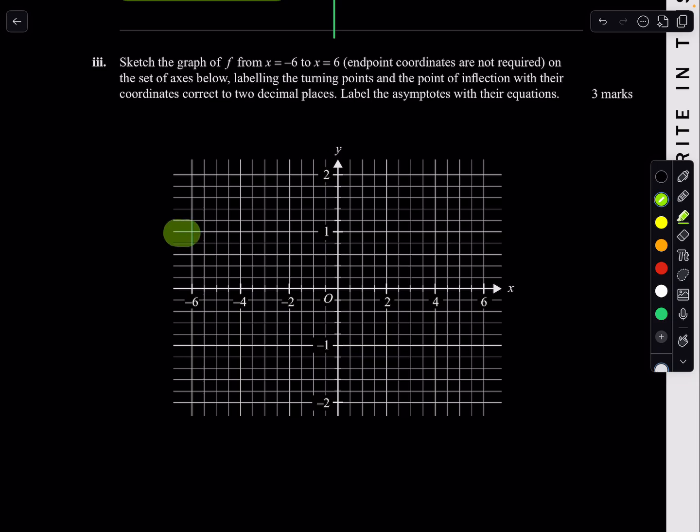So let's draw those. Oopsie. Let's use this color. Can you see actually? I don't think so. Let me use a red then. So, y equals 1. x equals 1, which is over here.